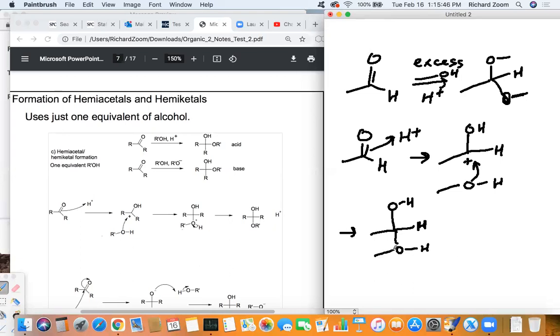Now this next step is a bit of a divergence from what we saw in the last mechanism. And what I would say here is, if you know what the product is going to be, then you can see that there is no OH here. And generally speaking, if something's going to leave, it tends to need to be protonated. It tends to need to get an H plus on it.